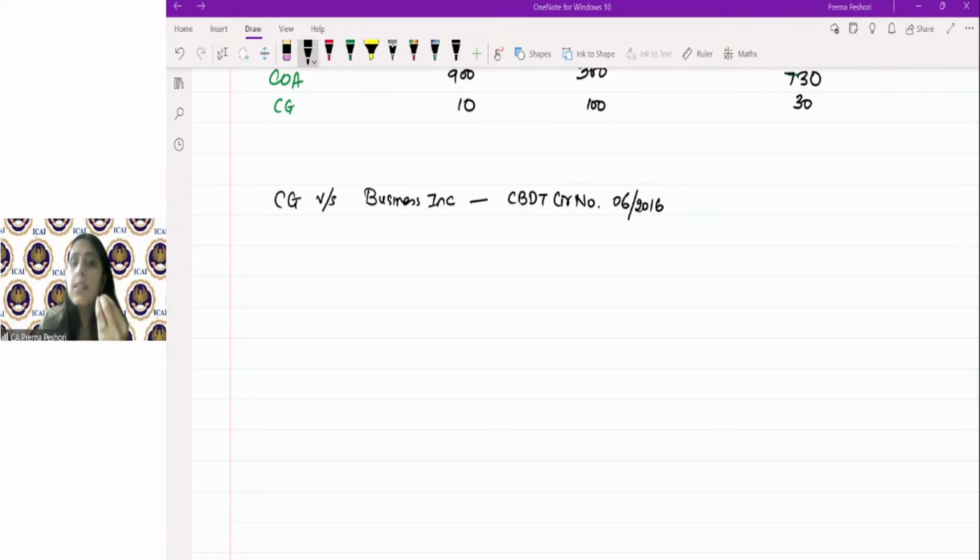Where the listed shares and securities are held for a period of more than 12 months, and the assessee desires to treat them as capital gain, the AO will consider that as capital gain. The stand once taken by the assessee will not change in subsequent years. The taxpayer will not be allowed to take a different stand each and every year.